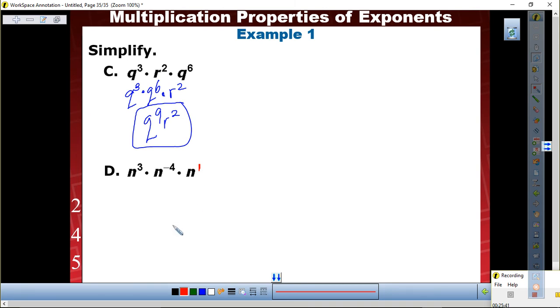Some, I said some. Therefore, if I put all the positives together, n to the 3rd, n to the 1st, n to the -4, n to the 4th, n to the -4, therefore, see what I did there? N to the 0.